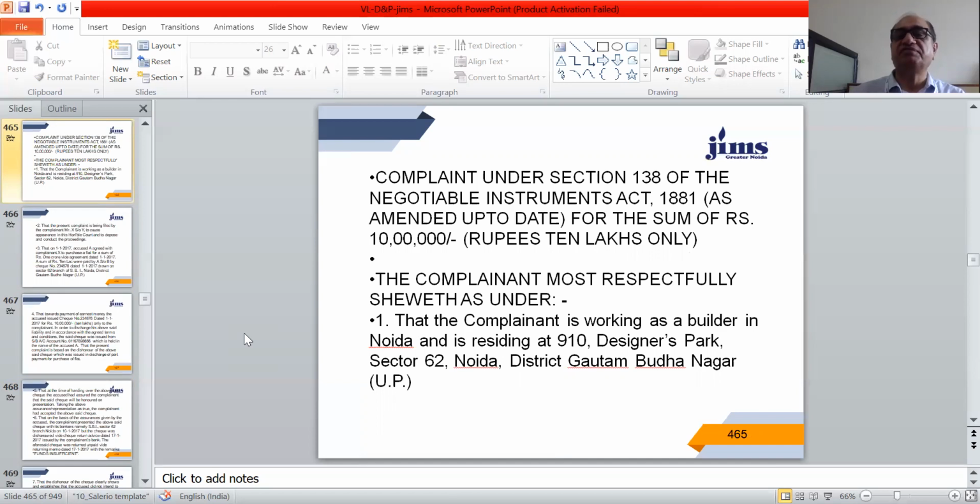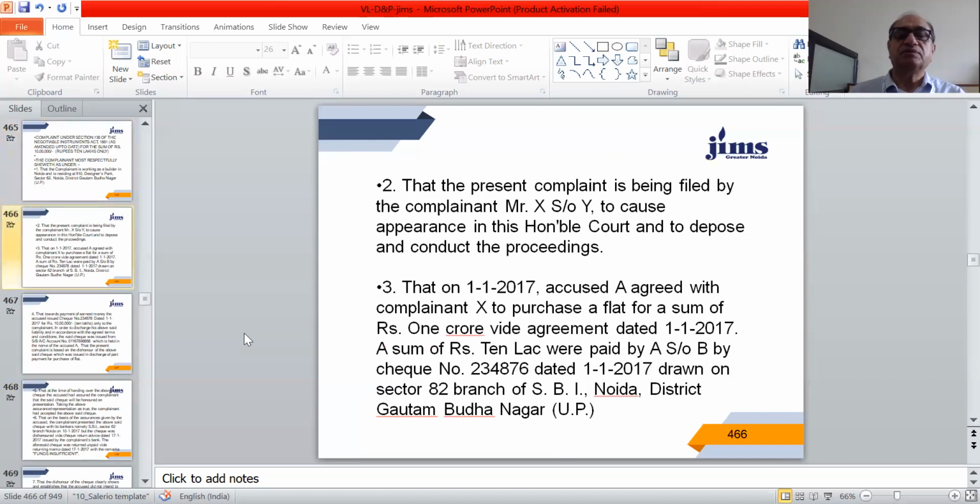Now you will write down the facts in small paragraphs, numbered consecutively one by one. Para 1. The complainant is working as a builder in Noida and is residing at 910 Designers Park, Sector 62, Noida, District Gautam Buddha Nagar. Fine, this is the address of the complainant. Para 2.